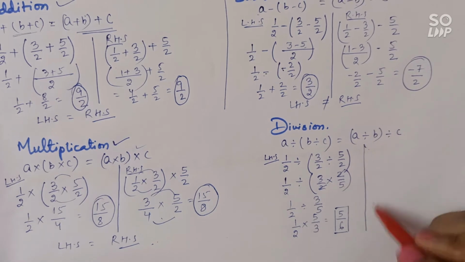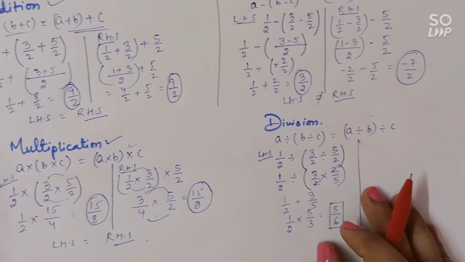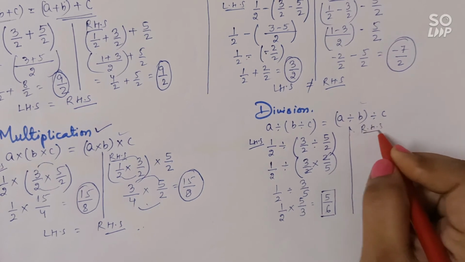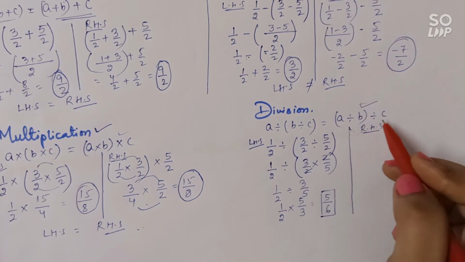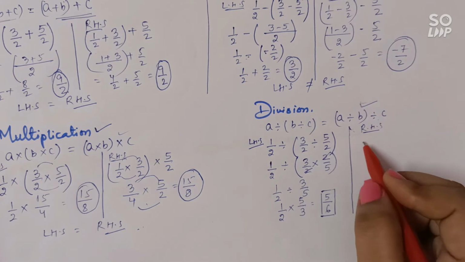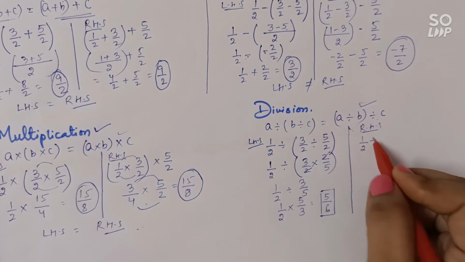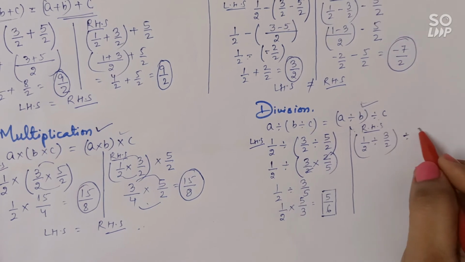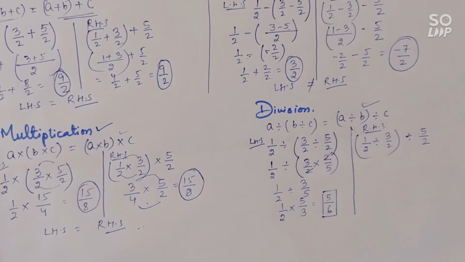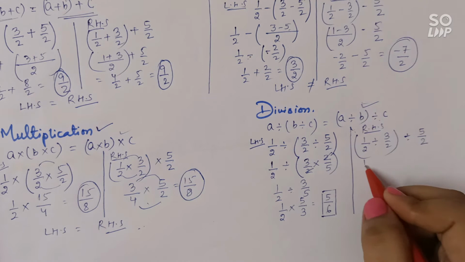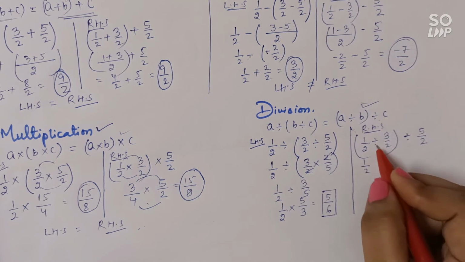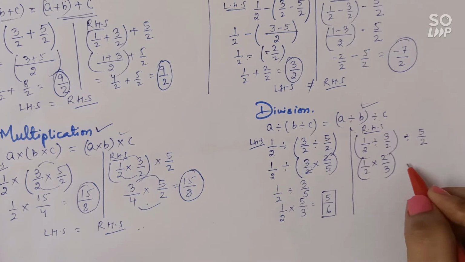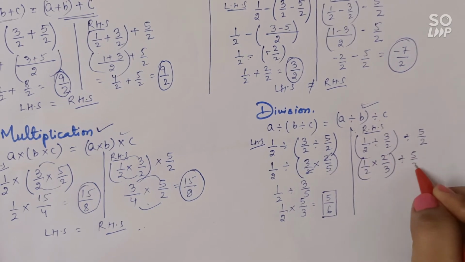Now let's check for the RHS part as well. RHS, we are having A divided by B divided by C. So A is 1 by 2 divided by 3 by 2 whole divided by 5 by 2. So we'll solve the bracket again. 1 by 2, division will change into multiplication, 2 by 3, divided by 5 by 2.